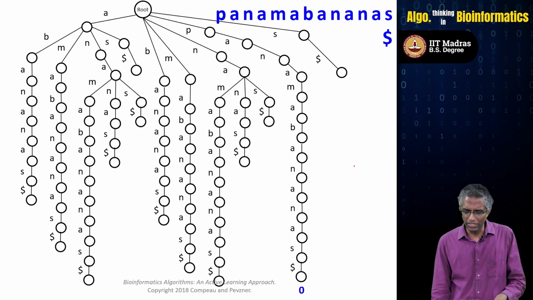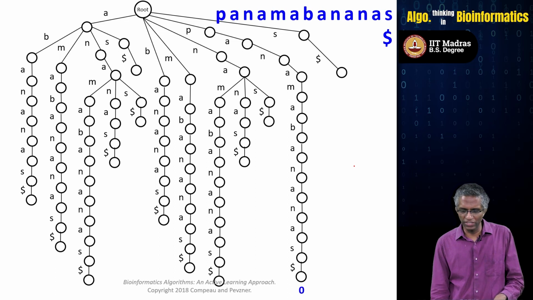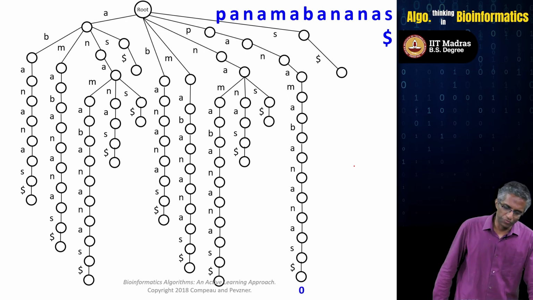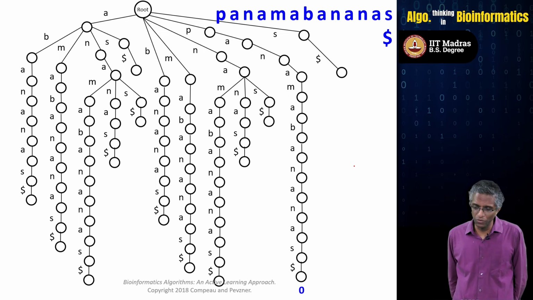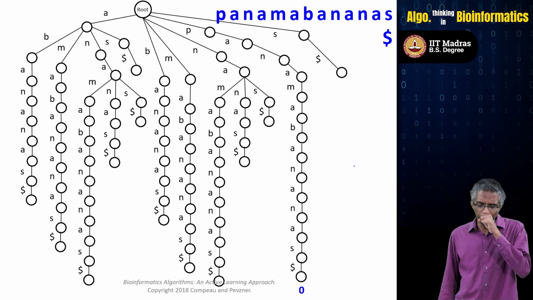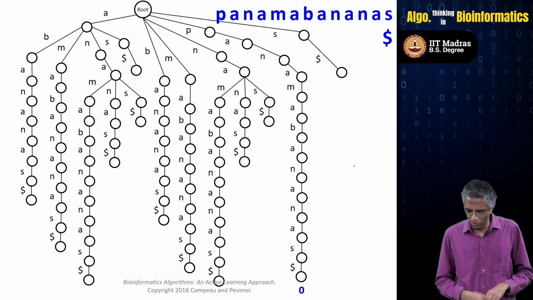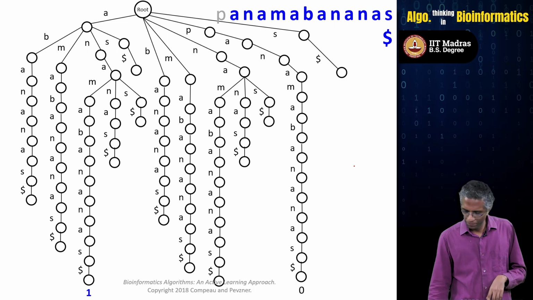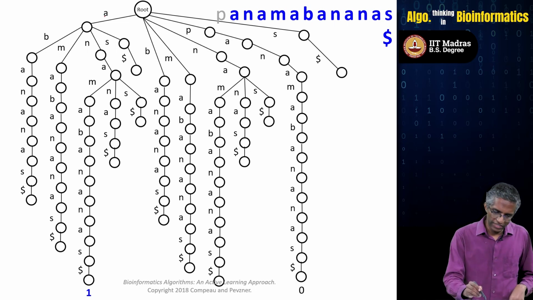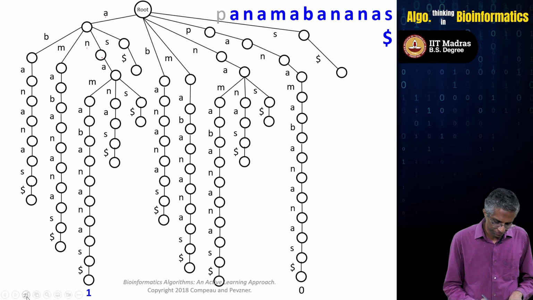Actually, we are computer scientists, so we will use numbering that starts with 0 rather than 1. So Panama bananas will be the 0th location. ANAMA bananas would be this one.